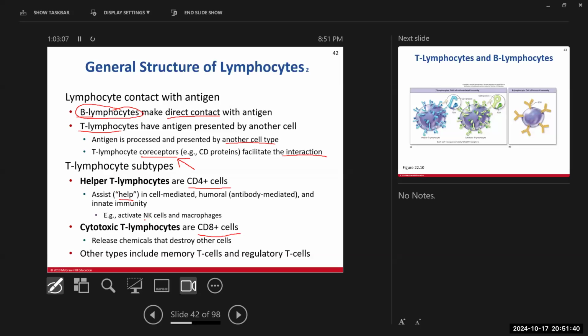Well, they can activate 2 of the cells that we talked about that are heavily involved in innate immunity. That's how they're able to cross over from adaptive to innate. Because remember, we said that natural killer cells and macrophages are part of the innate immune system, right? Remember we talked about the cells that are specific to certain responses.